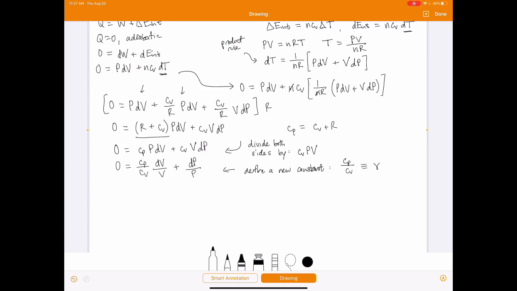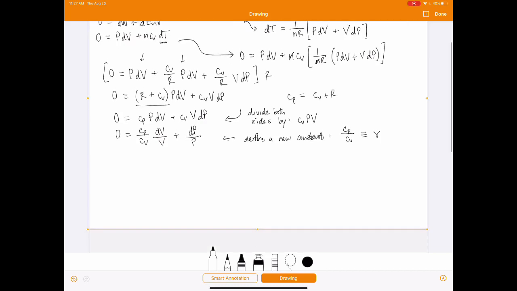So we just give that a new name. We call that gamma. By definition, gamma is the ratio of those two specific heats for constant pressure and constant volume. So we'll say 0 is then equal to gamma dV over V plus dP over P.